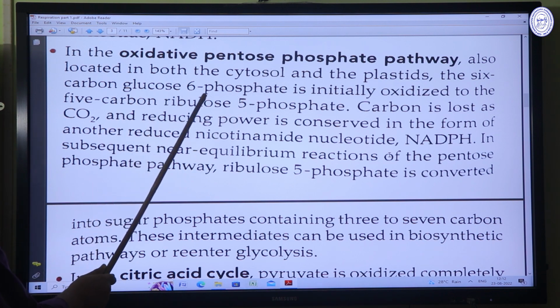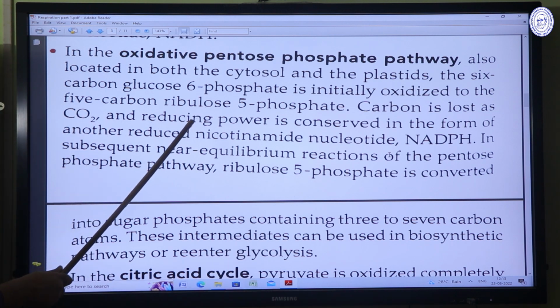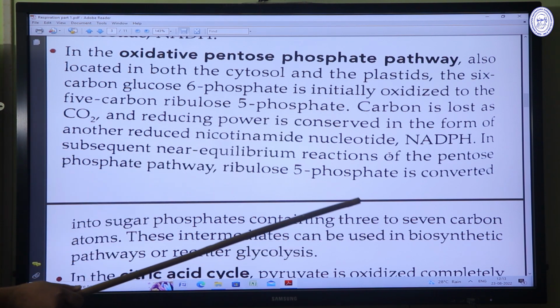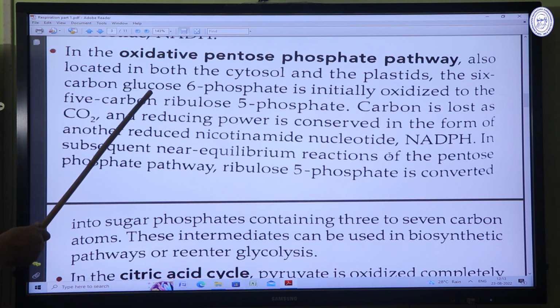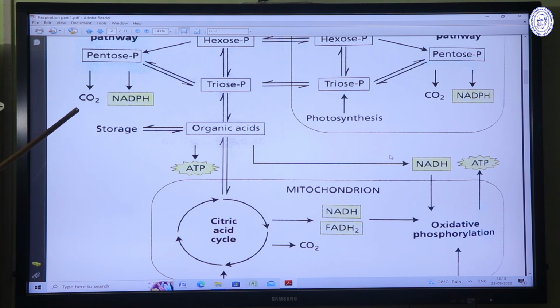A 6 carbon glucose 6-phosphate will be initially oxidized to a 5 carbon compound, ribulose 5-phosphate, and 1 carbon will be lost in the form of CO2. Look here, release of CO2 happens here, and reducing power is formed in the form of NADPH.